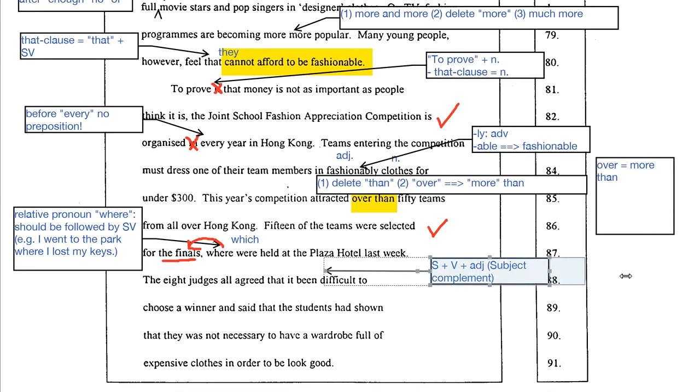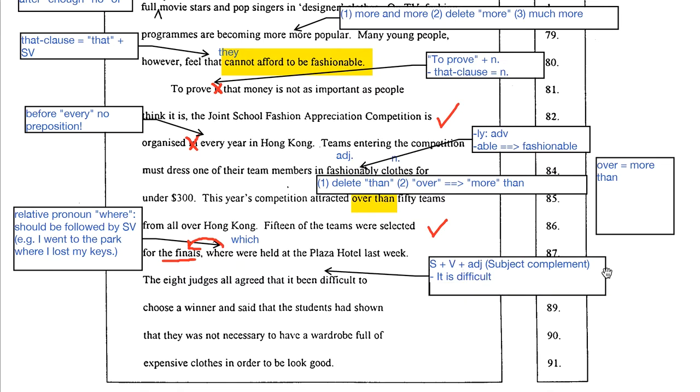So you can say it is difficult, it was difficult, it had been difficult.